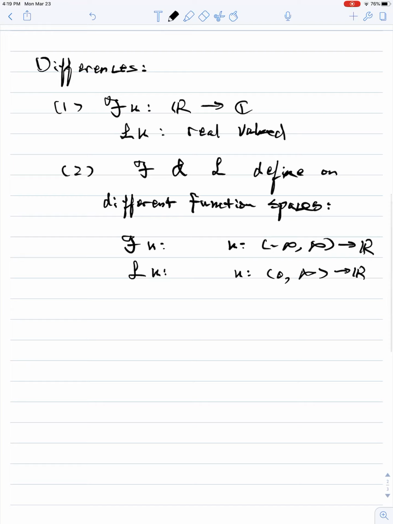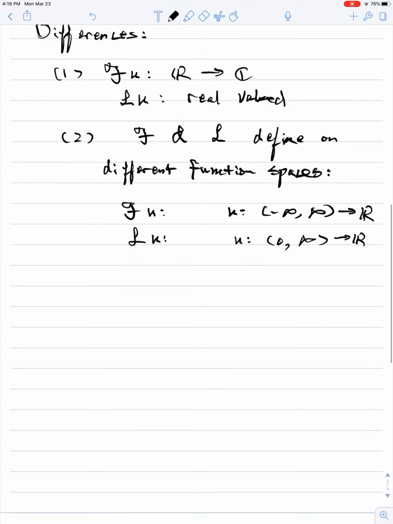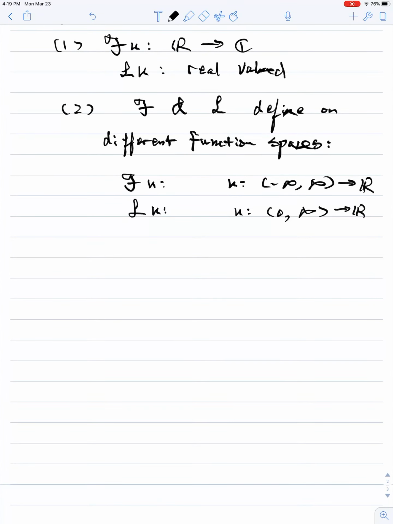Now this is not only about the domain of definition of the function, they are also defined on different function spaces. For example, if I let u be a function that is 1 when x is greater than 0, you can use t as a variable, and when t is less than 0, then this is 0.